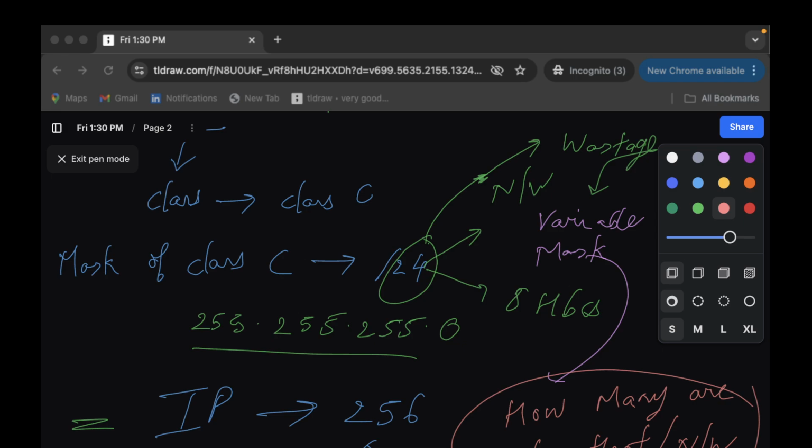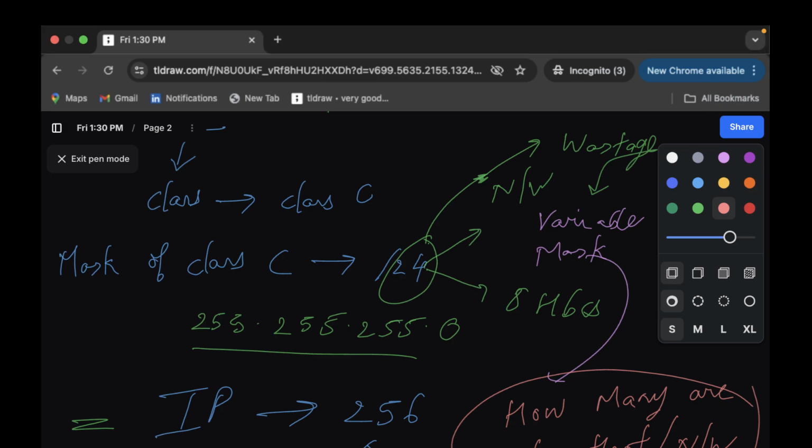But then there is one more problem that we are facing here. The problem is IP addresses are still limited, right?